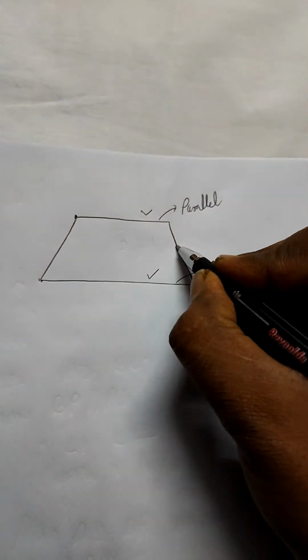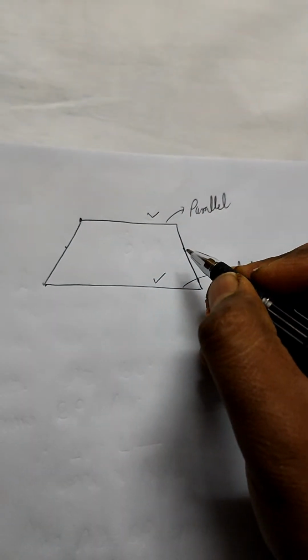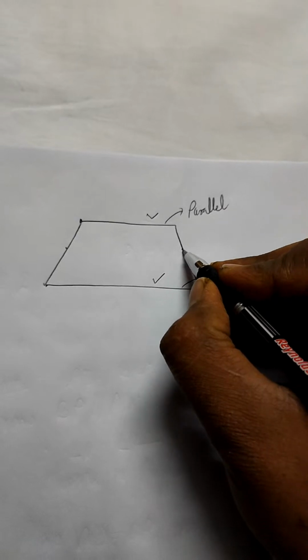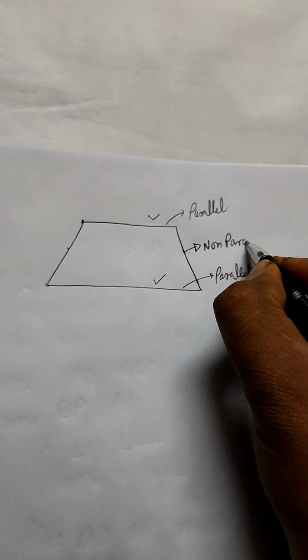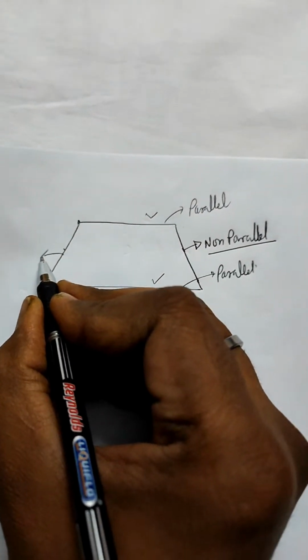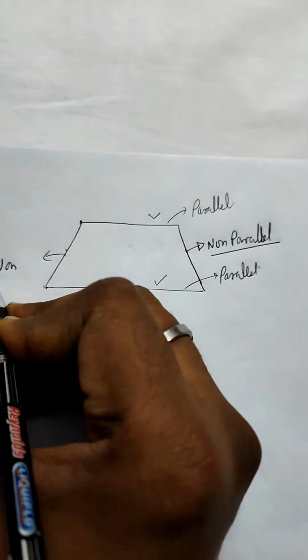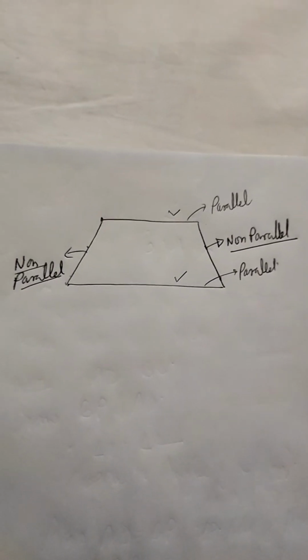You can see this one, the remaining pair are non-parallel. So this is non-parallel and this is also non-parallel. Non-parallel means the sides which are not parallel to each other, right?